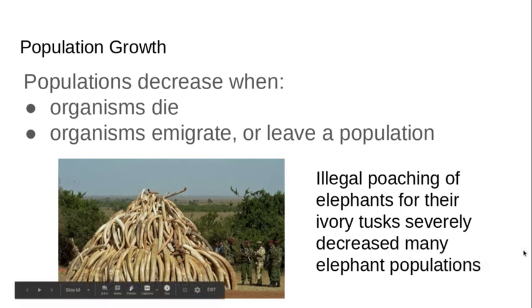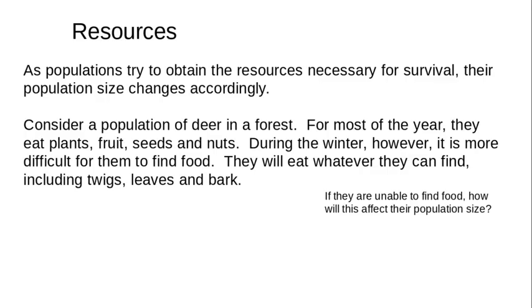So in this picture here, we see illegal poaching of elephants for their ivory tusk. This severely will decrease an elephant's population. As populations try to obtain the resources necessary for survival, their population changes accordingly. Consider a population of deer in a forest.